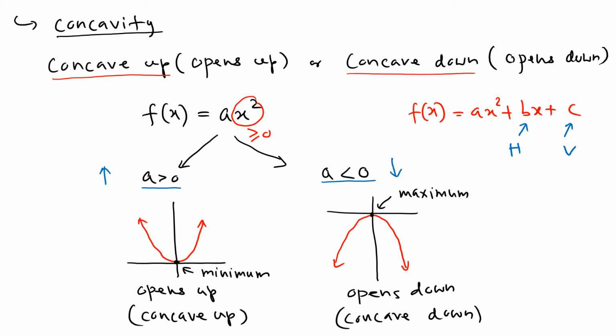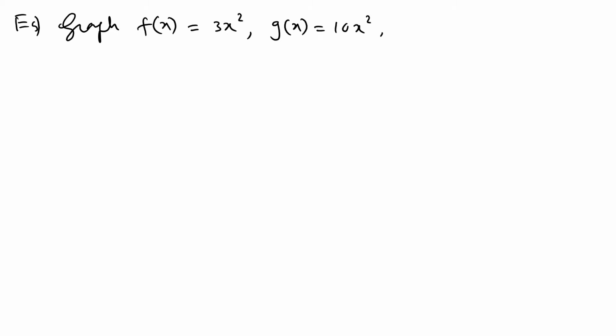So let's do just one example to see how things work. Graph f(x) equals 3x squared, g(x) equals 10x squared, and h(x) equals half x squared.